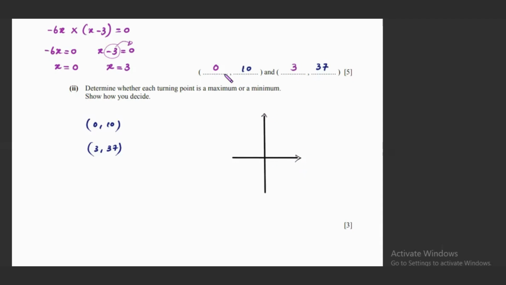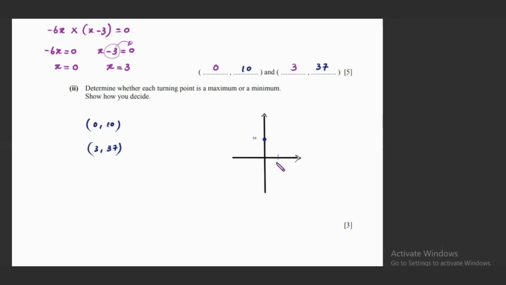If I mark the point 0 and 10, the value of x is 0, the y value is 10, it will be marked somewhere over here. If I consider 3 and 37, 3 is here, so 37 will be somewhere above this 10.